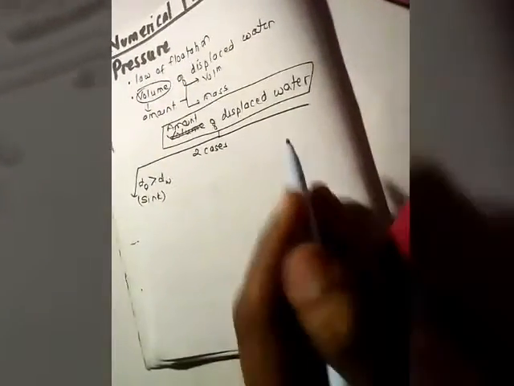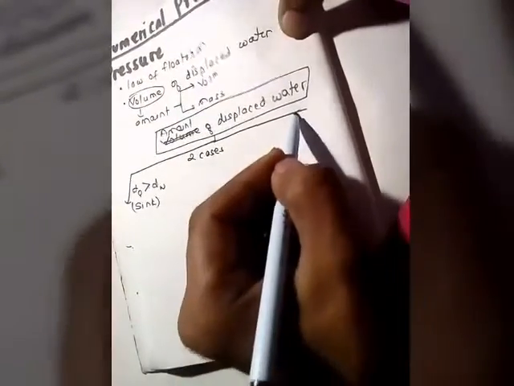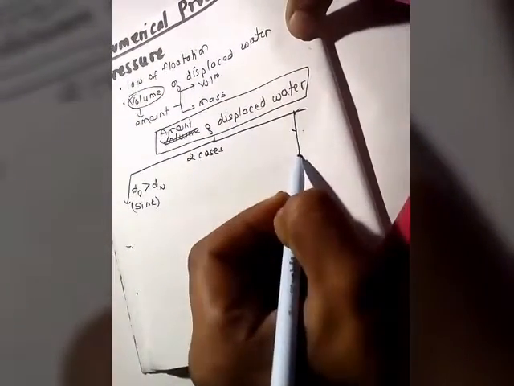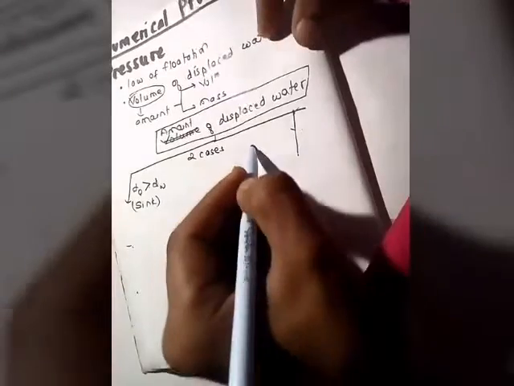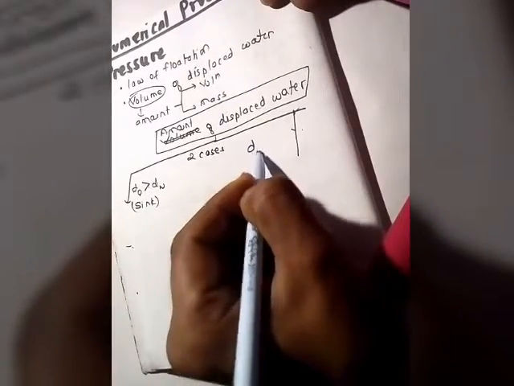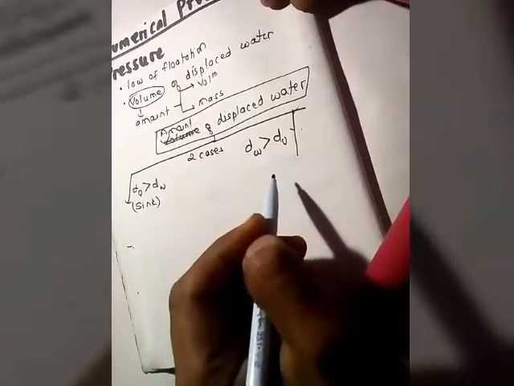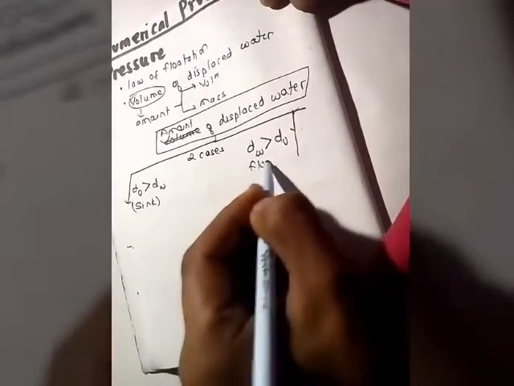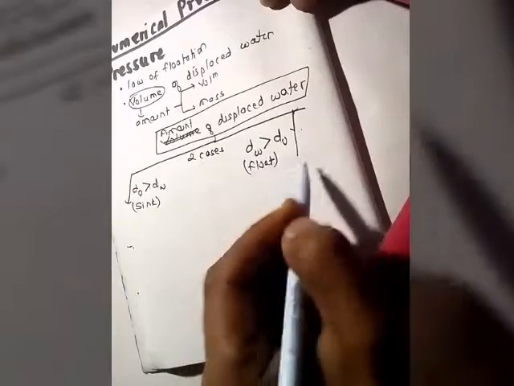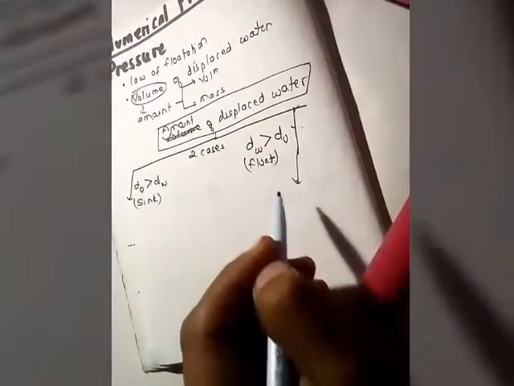The next case is that the density of water is greater than the density of the object. In this case the object will float, and we have to find the volume of displaced water.